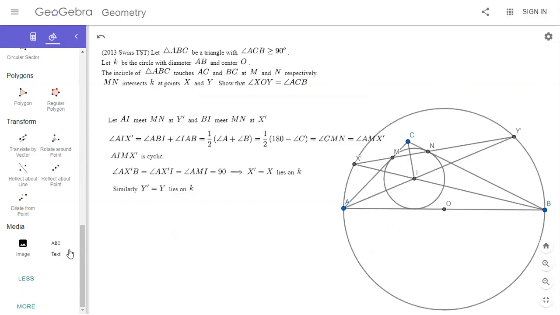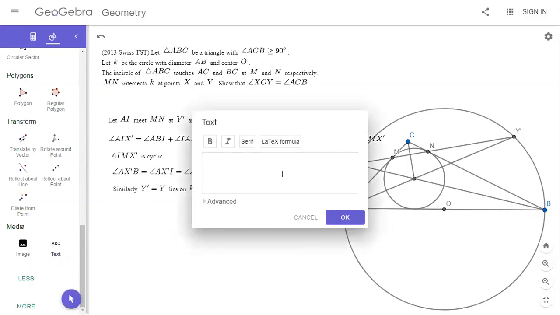And then now it's an angle chase because we have YB. Okay.